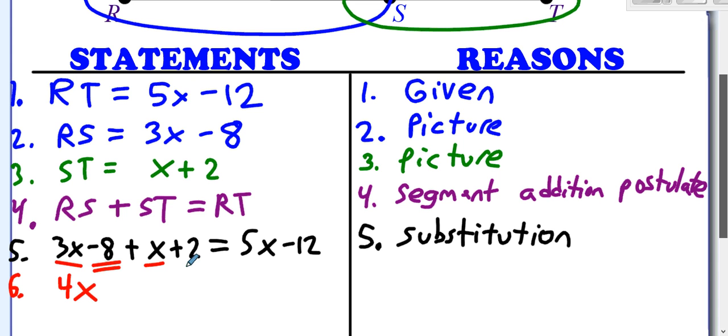Then we've got negative 8 and a positive 2. Negative 6. And what did I just do there? That is called combining like terms.